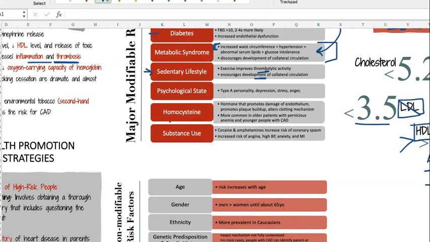And then type B would be more easygoing, has a decreased risk for CAD. One of the other things that's important to know is that people who have chronic or acute stress or depression are also at an increased risk of coronary artery disease.